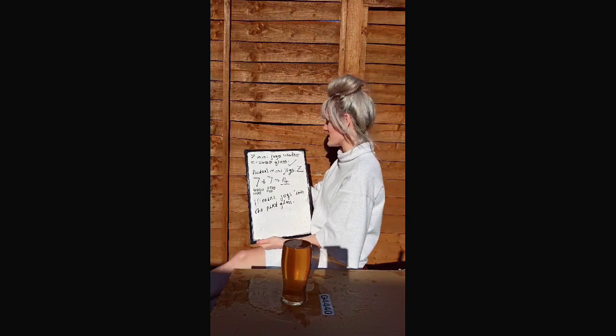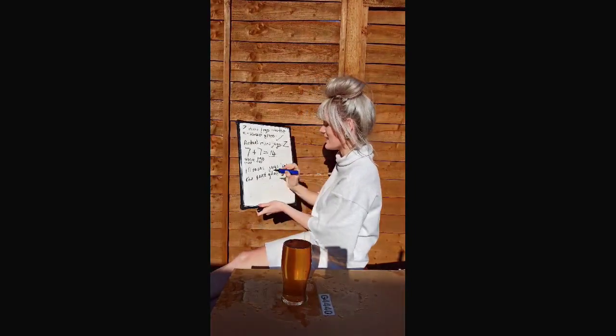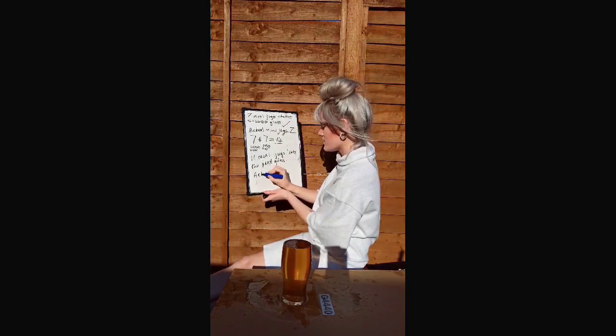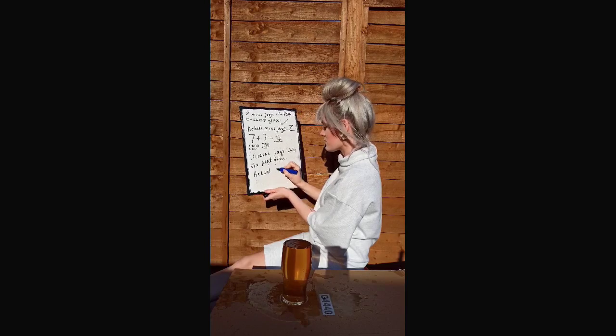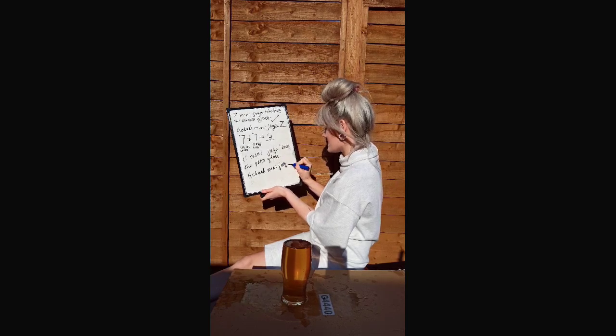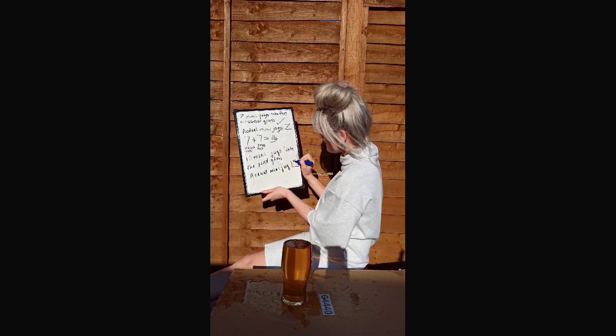The actual mini jugs that fit into the pint glass is 15. So I'm going to write down here actual mini jugs is 15. So 1 ten and 5 ones.